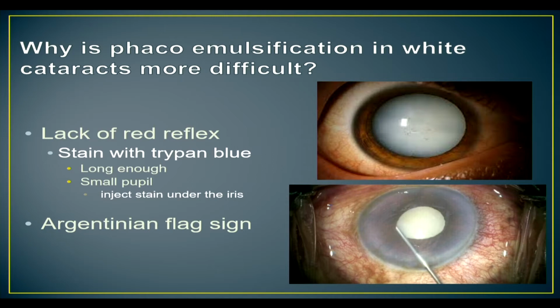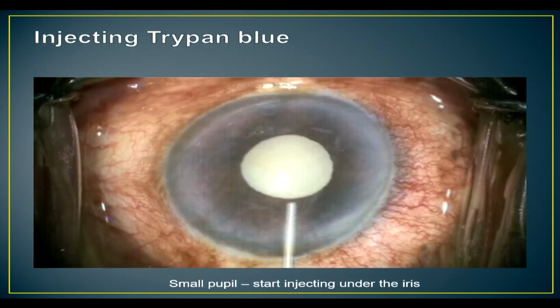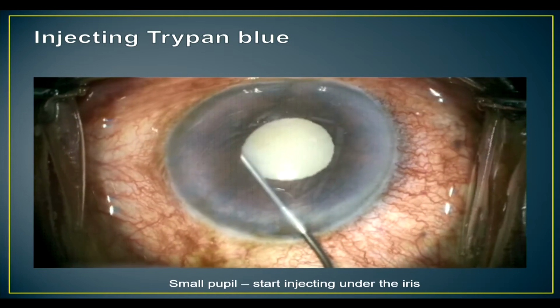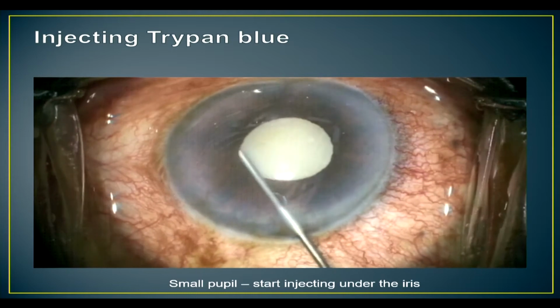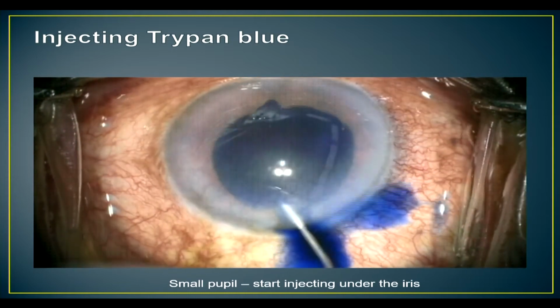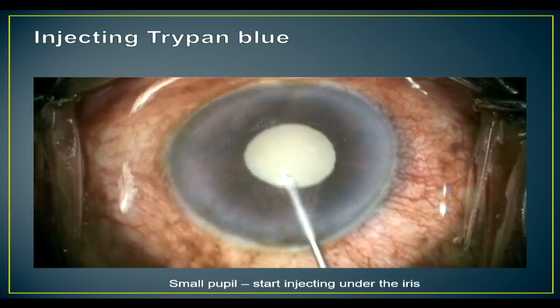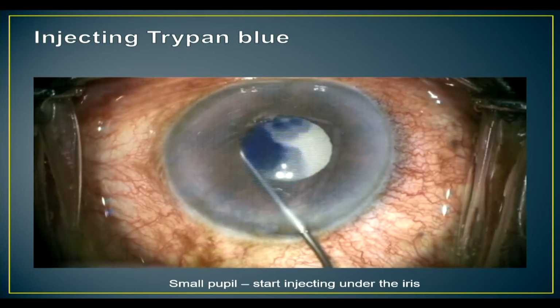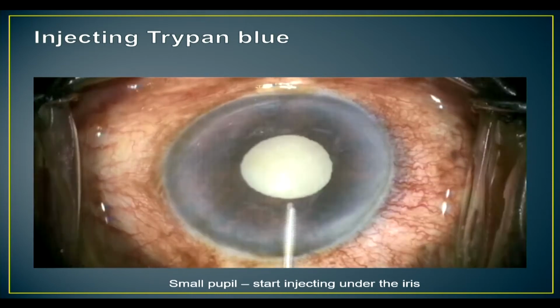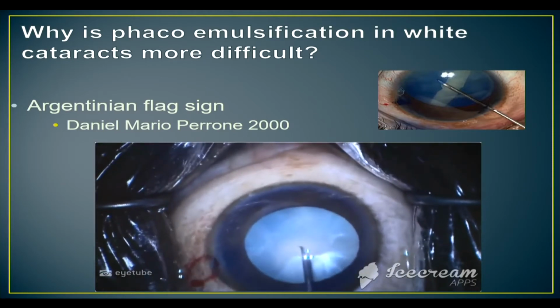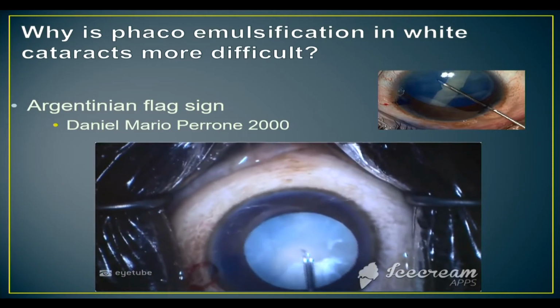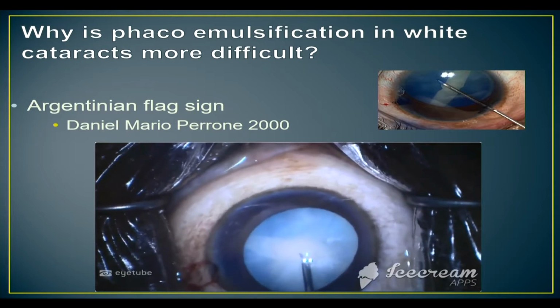And one tip is that when you have a patient with a small pupil, start injecting under the iris so that the whole capsule is stained rather than just the center. And when you do that, when you stretch the pupil or dilate it with any other means, the whole capsule will be stained.